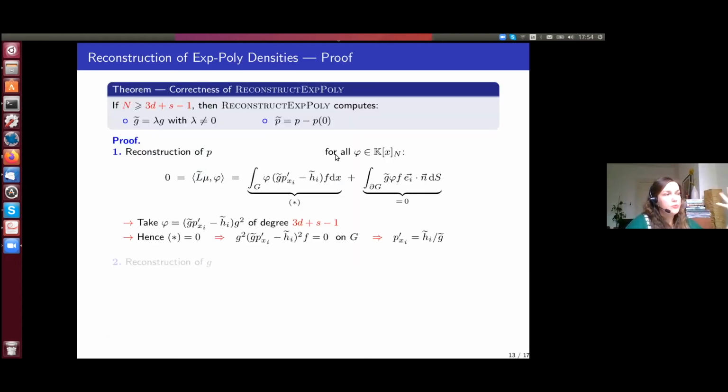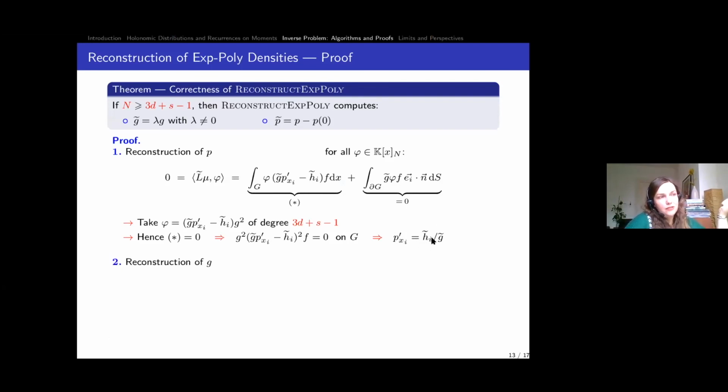and it's from here that you can do this proof, because you have this Laplace identity, and by putting the good test function, you can prove that the polynomial that you reconstructed cannot be anything else but the exact ratio between the two polynomials that you computed. So this is the input you have.